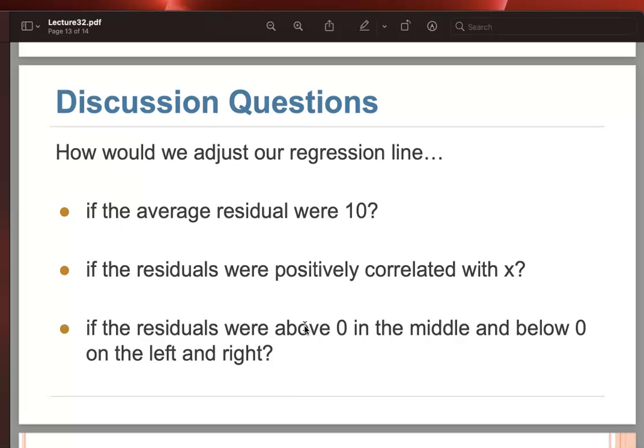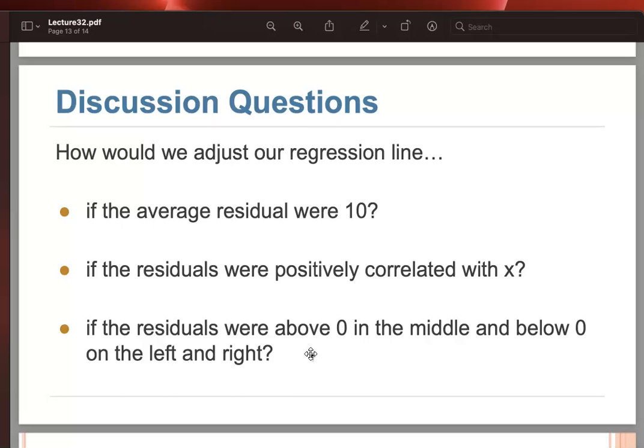Second, if the residual were positively correlated with x. Third, if your residual were above 0 in the middle and below 0 on the left and right. Pause the video to think about that or discuss with your classmates. Then I will show you the answer.